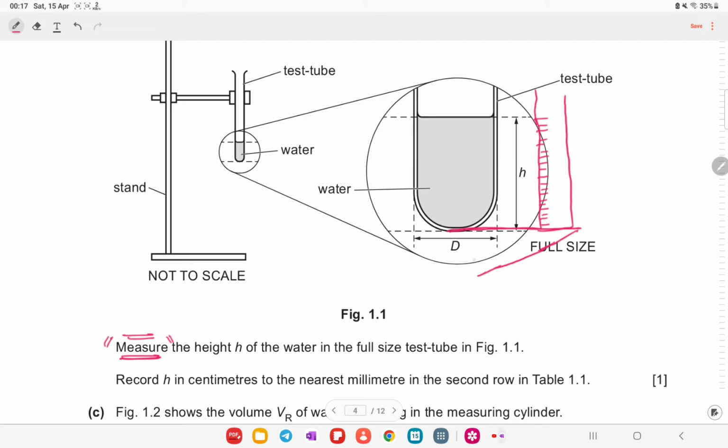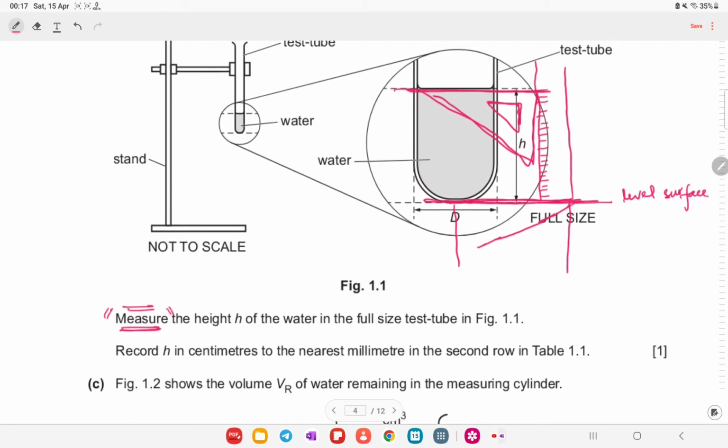For finding the readings, let me put it on a bench first, or a level surface. First of all, this is going to be the precaution. You can use a set square as well, which would be helpful in taking the reading correctly. But at the moment you have to put a scale and find the reading.